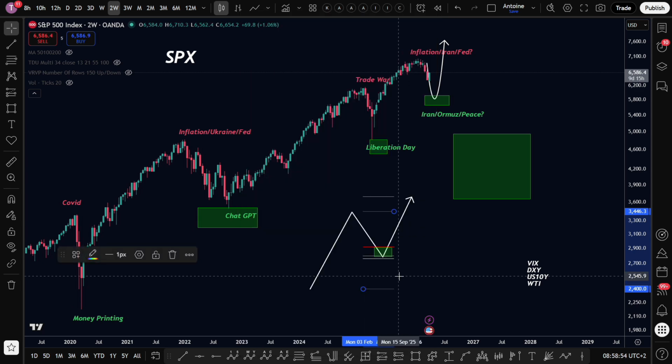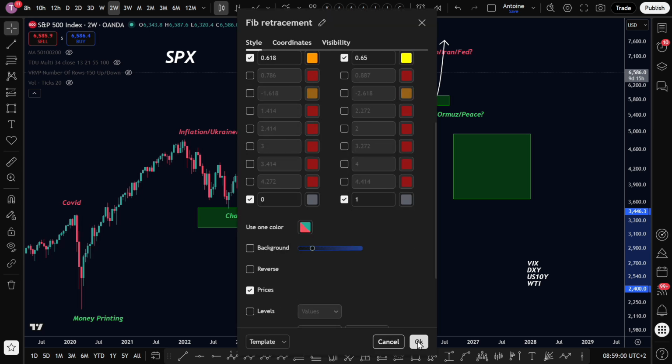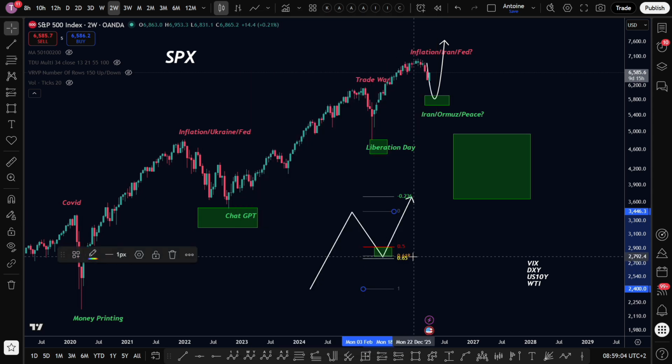And what algos do when they trade, they come and buy at the 50% retracement and also at the 61.8 retracement. So they buy in this green box and target the negative 236, another Fib number.